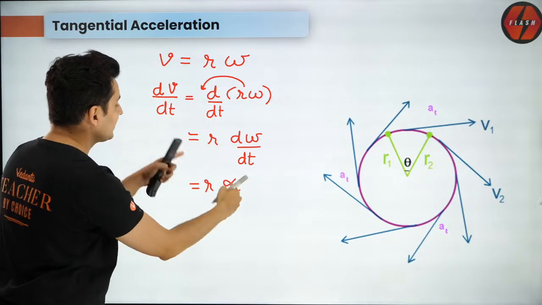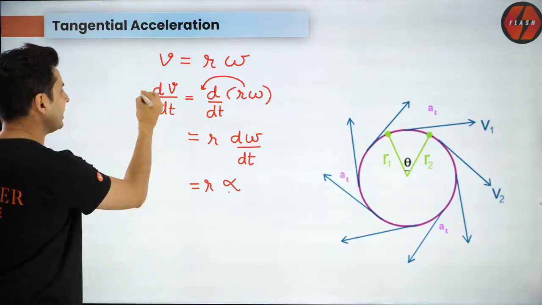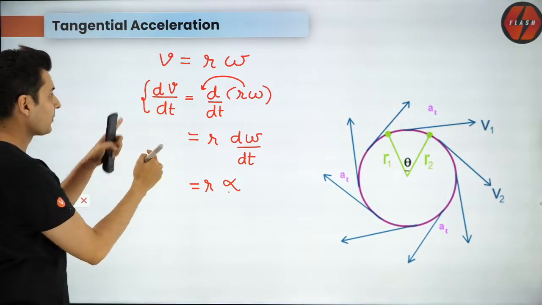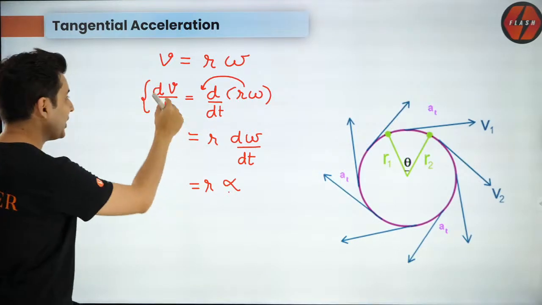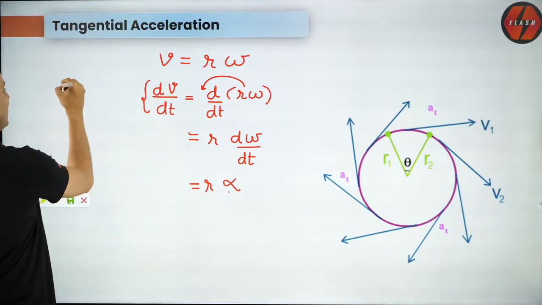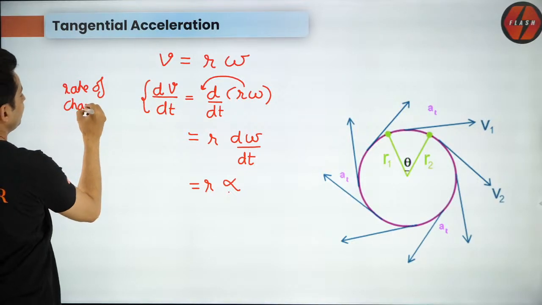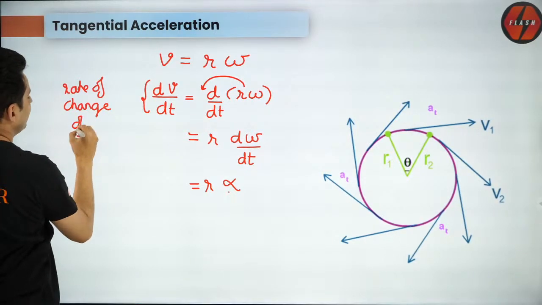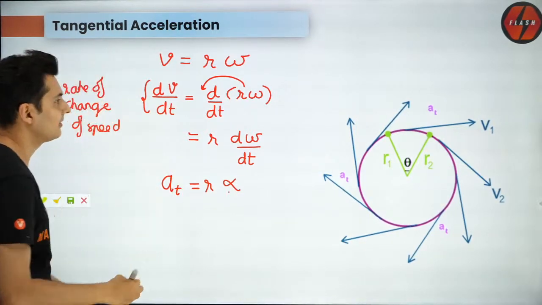So this is alpha, which is angular acceleration, and this is dv by dt. What is this dv by dt? dv is not the change in velocity, it is just the change in speed. So it is the rate of change of speed, and this is nothing but tangential acceleration.